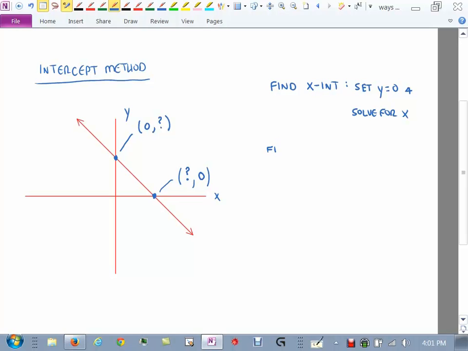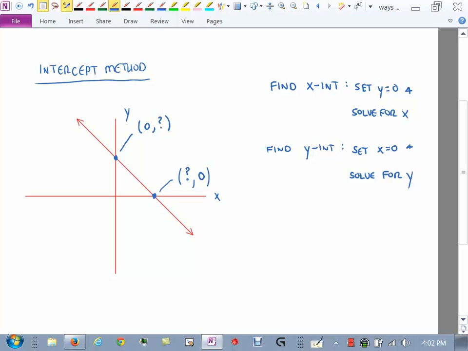Then we will find the y-intercept. How do we do that? The opposite, right? Set x to 0 and solve for y. All you need to draw a line is 2 points. So if we find these two intercepts, we should be in business.